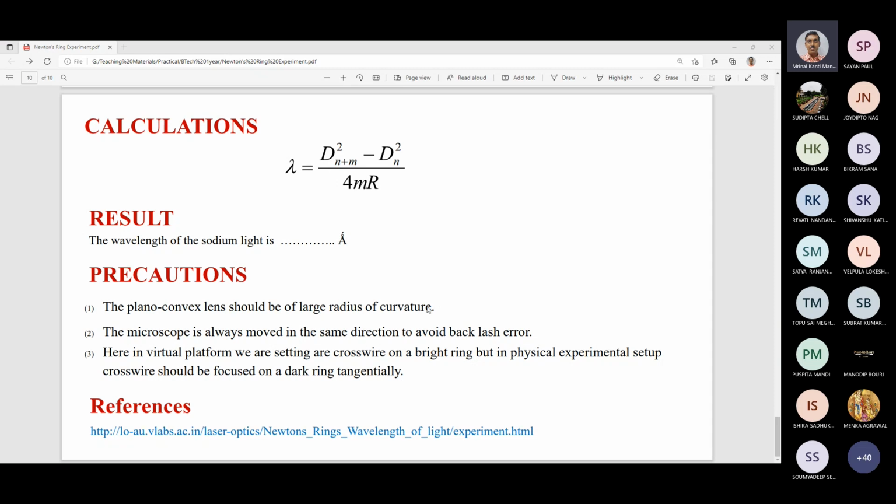Where I have uploaded interference of light, in that folder I am uploading. Now I have already uploaded. So you open it and click on the link. Then you go to the virtual lab and perform the experiment. Then you can understand.